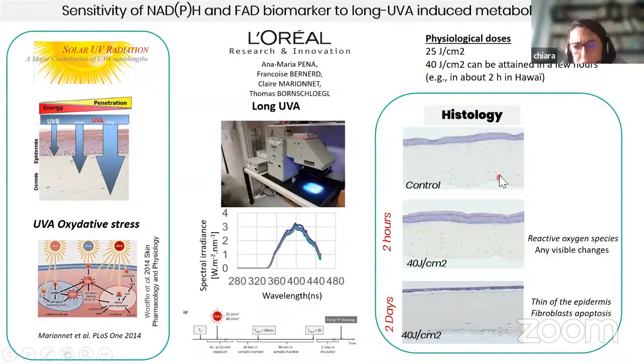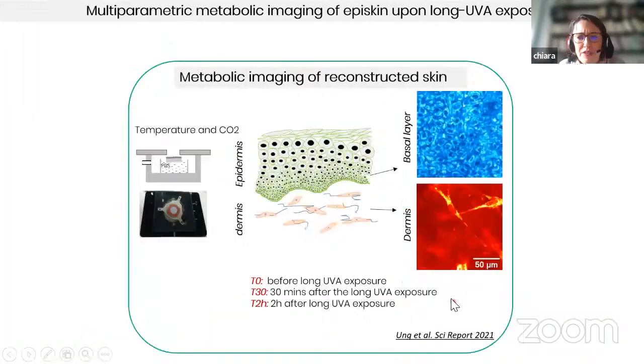And what is very important is that we want to look at changes in metabolism at early stages, so 2 hours. At this stage, 2 hours after exposure, we don't have any morphological changes, but we still have reactive oxygen species. While after 2 days, we have apoptosis and cells dying, both in the epidermis and in the dermis.